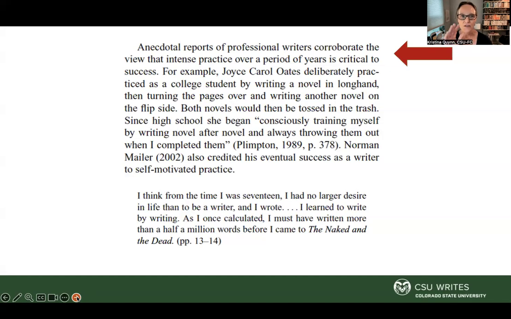All right, we're going to go back to this, and I want to reshare and think about those introductory statements and how things got integrated. The anecdotal reports. Notice here that the very specific type of evidence is listed: these anecdotal reports of professional writers. It's important for them to identify that they're professional writers.